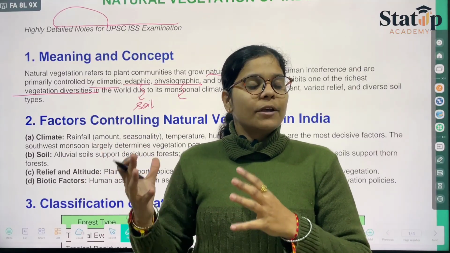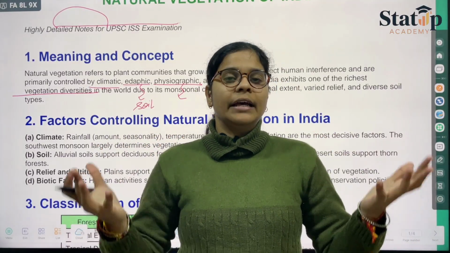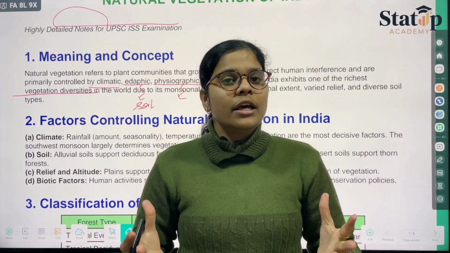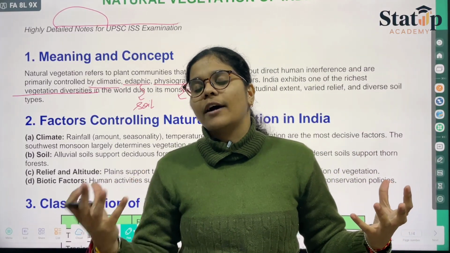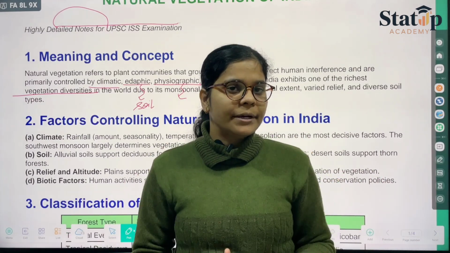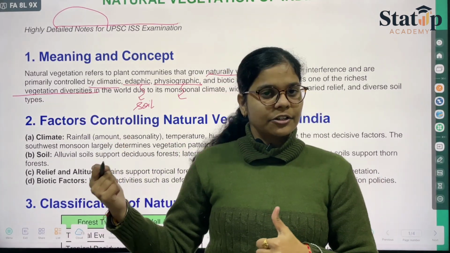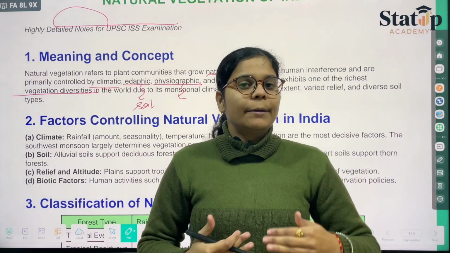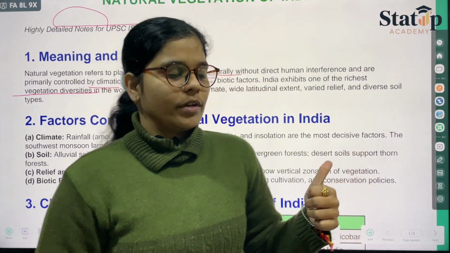The question comes from the climatic part, because we have diverse types of climate. India experiences diverse rainfall ranges; certain areas receive more rainfall, certain areas less, due to which there is climatic variation. Due to that climatic variation, other factors also affect, but climate plays the major role. Therefore there is diversity in the vegetation as well.